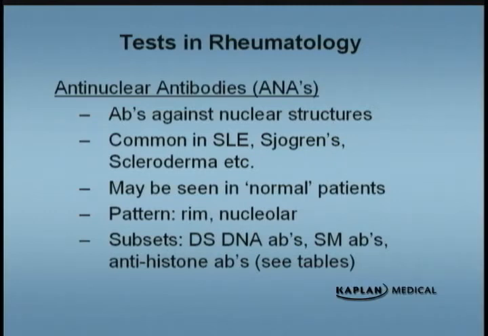Then, as a third part to this test, they tell us that some of the subsets of these anti-nuclear antibodies are positive or negative and so forth. And these subsets of antibodies may be very specific for some diseases. Now this is important because the double-stranded DNA antibodies and the anti-Smith antibodies are very specific for patients with lupus.